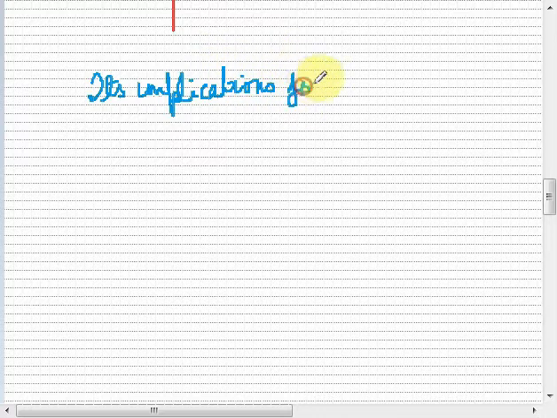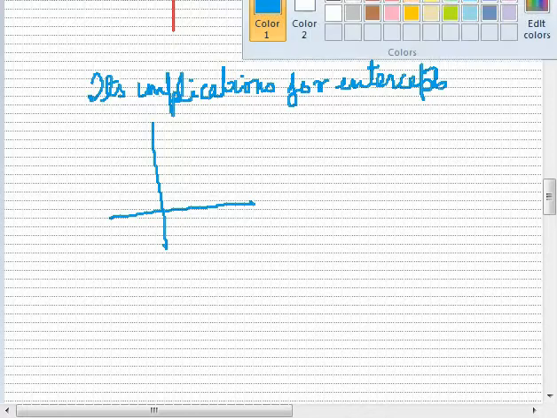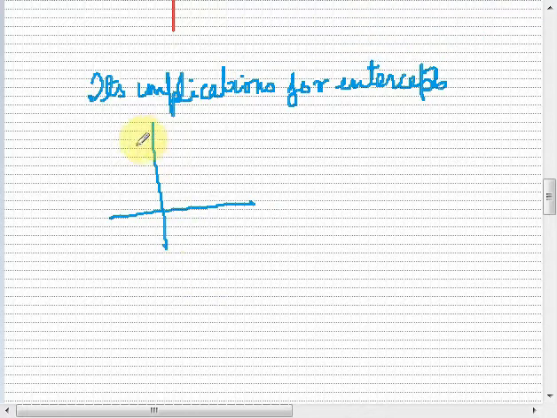For intercepts. We have defined intercepts in one of the lectures. Suppose this is the graph. This is the x-intercept and this one is the y-intercept.